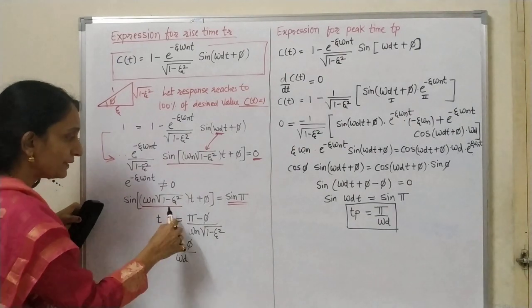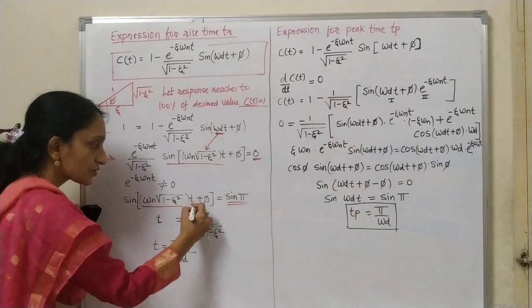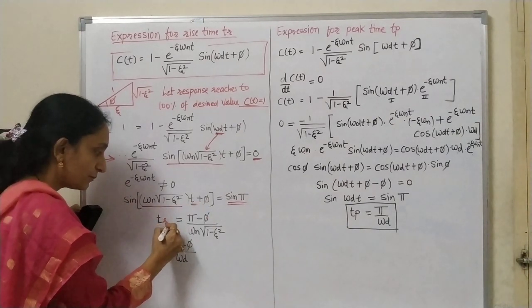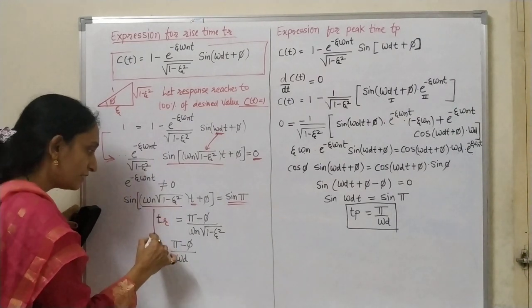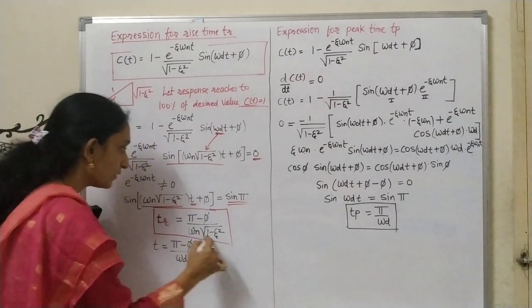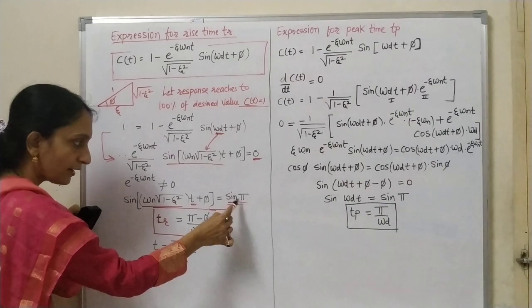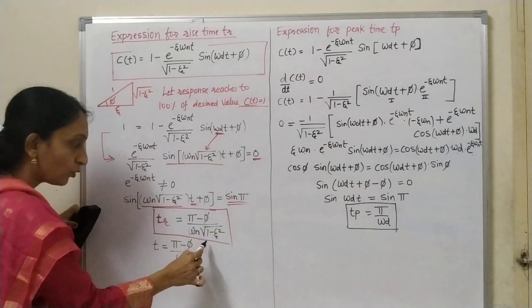Now I am comparing the left hand side and right hand side, so I will get the expression for TR. This t is nothing but TR, the rise time. So I got the formula: TR is equal to pi, then we shift this phi here, so pi minus phi upon omega d.